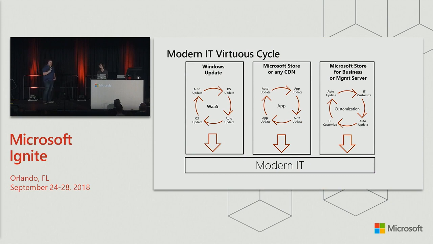So where we really want to move to is an era where the OS can easily update on its own. The apps can easily update on their own. And if you have customizations, you can easily manage and deploy those customizations without having to repackage applications.